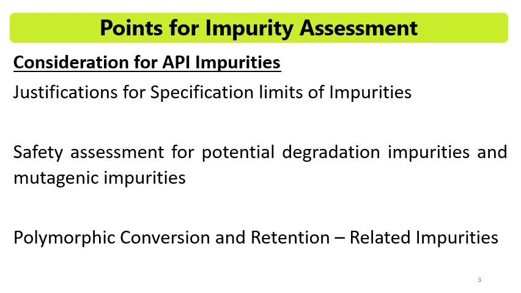For example, if the API exists in a number of polymorphs and is also available in amorphous form, then if the amorphous form gets converted to crystalline form, or crystalline form gets converted into amorphous form, or one crystalline form changes to another crystalline form, how is it going to impact the impurity profile of the API and how will it relate to the formulation. Those points are required to be considered.